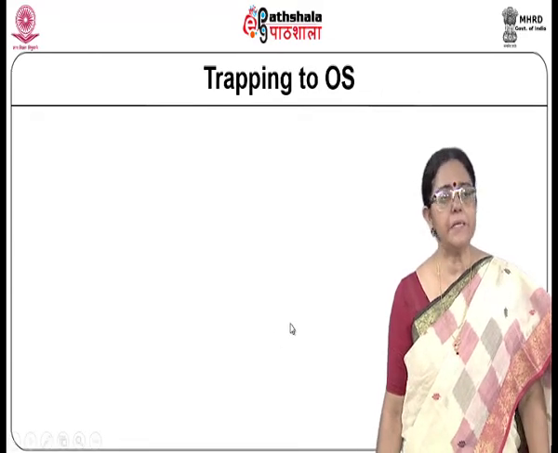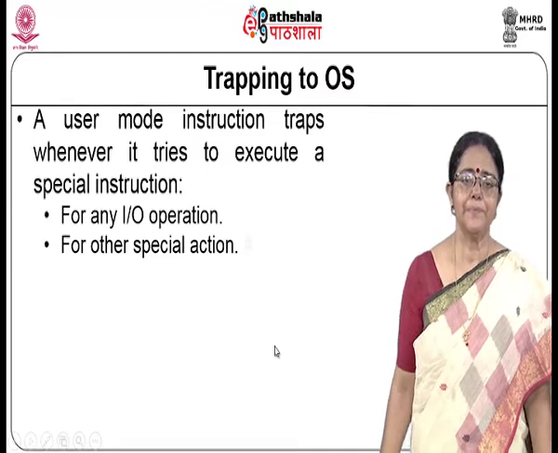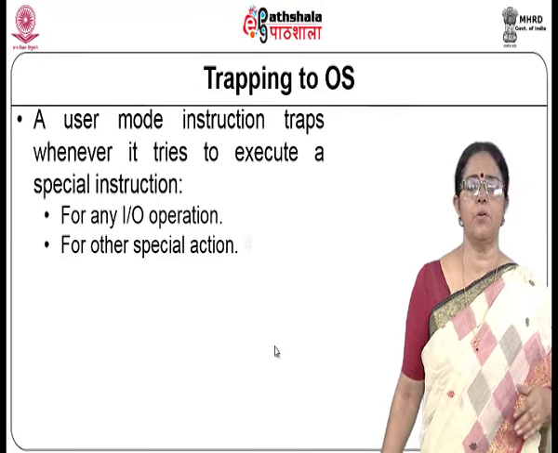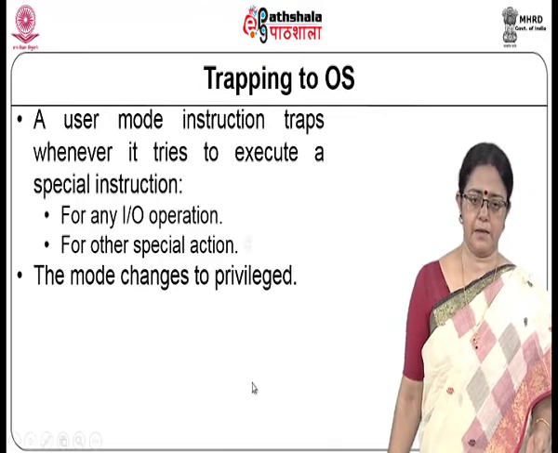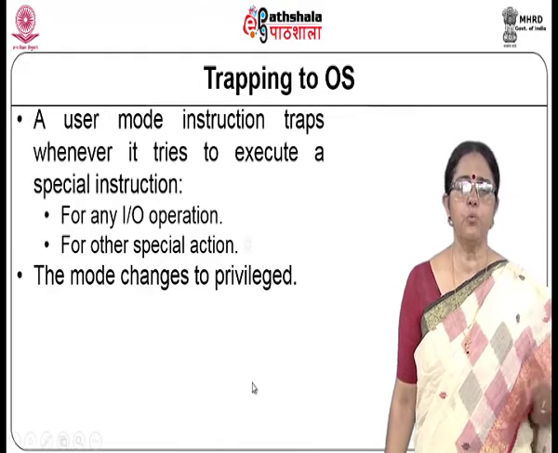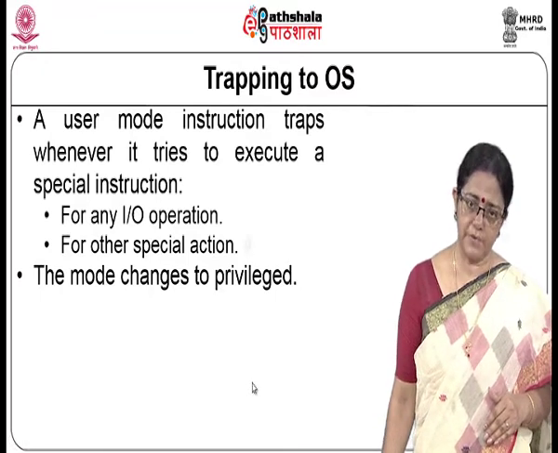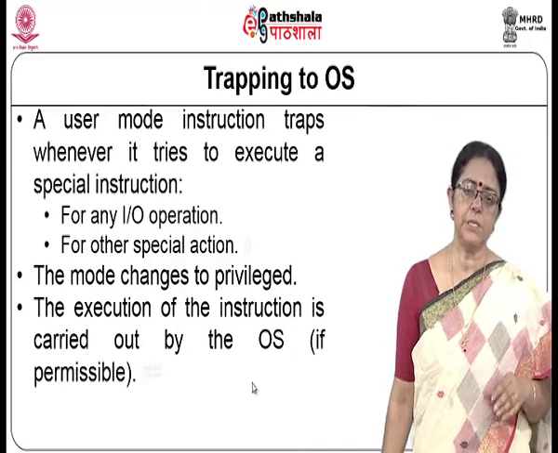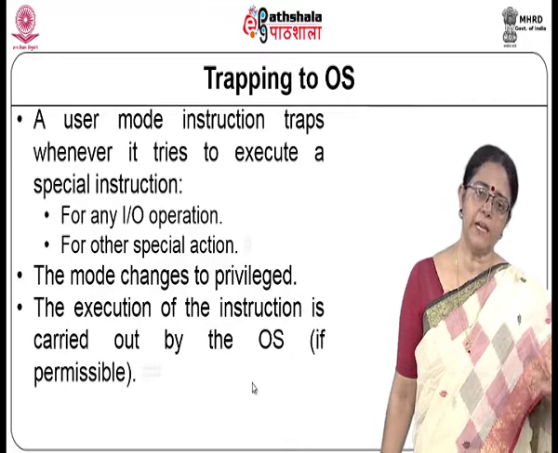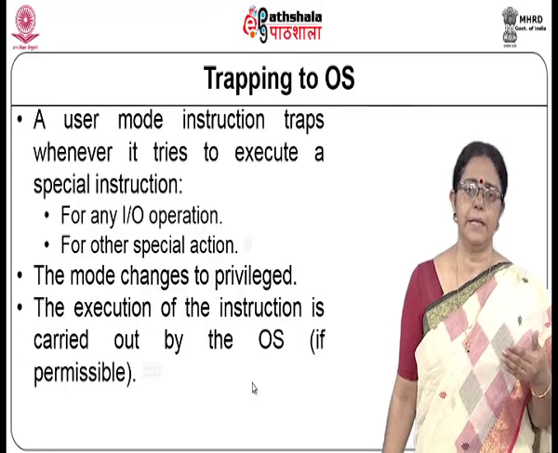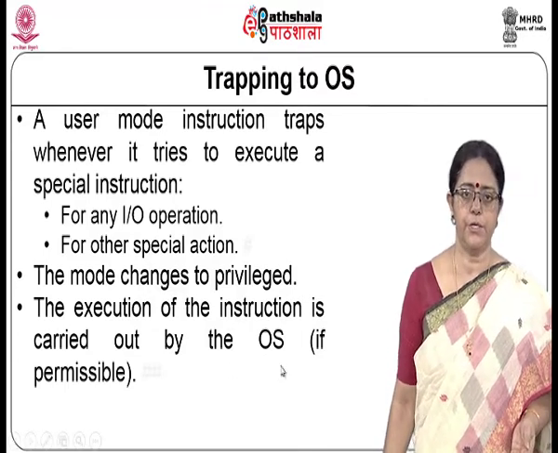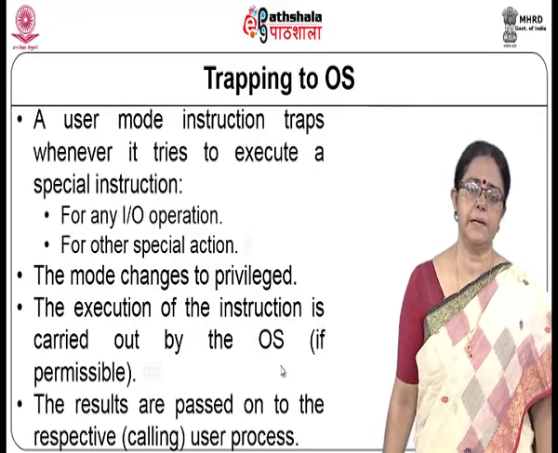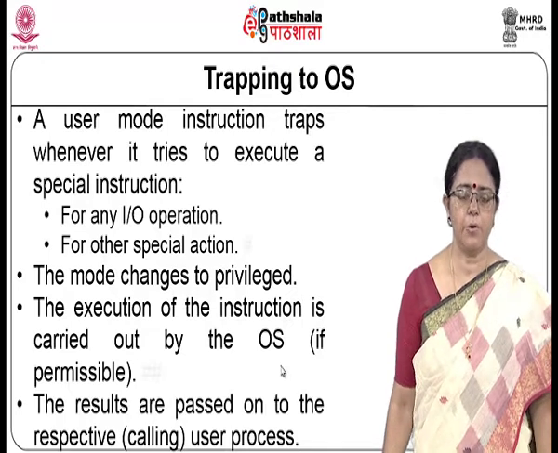So, what happens when we have trapping to OS? A user mode instruction traps whenever it has an IO operation or any other special action. The CPU mode is changed to privilege mode and an operating system specific routine is executed. That routine will execute the instruction on behalf of the calling process, and whenever it is over, the result is sent back to the specific process which made the call.